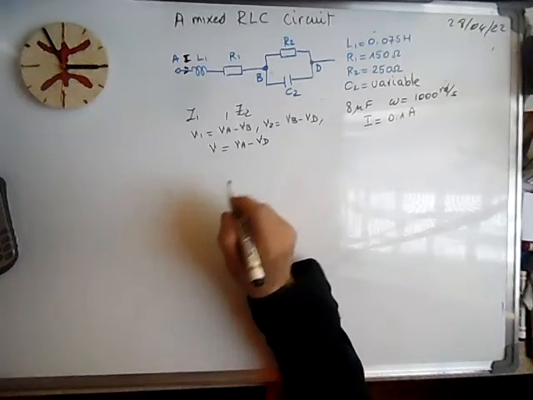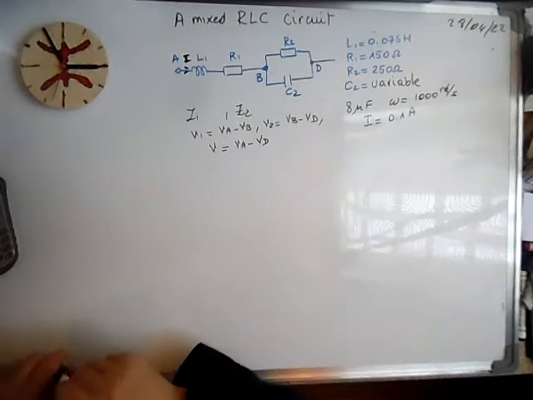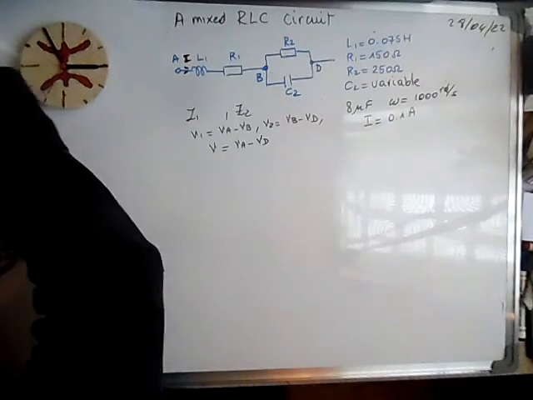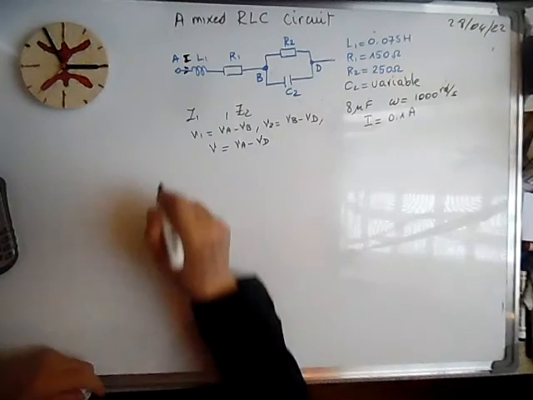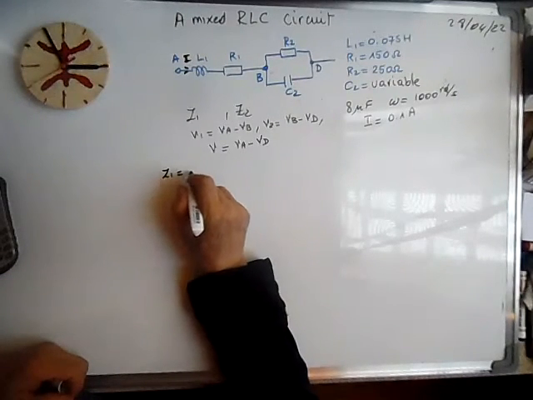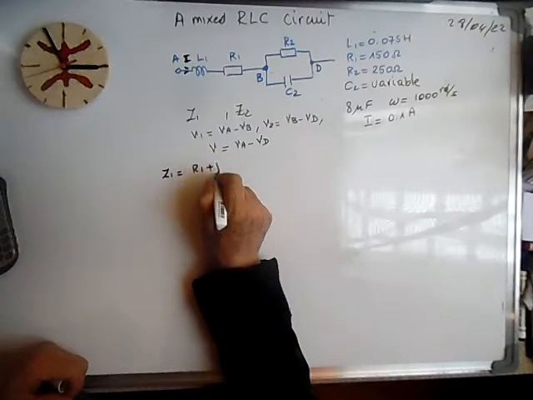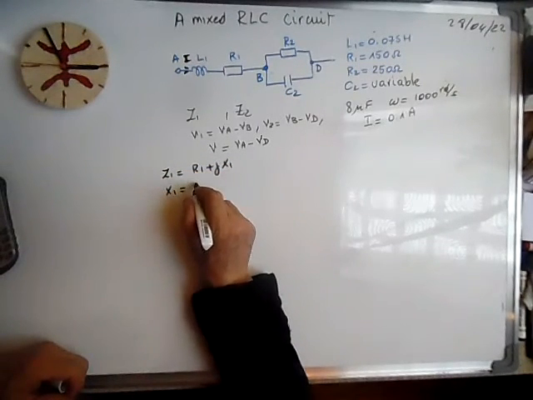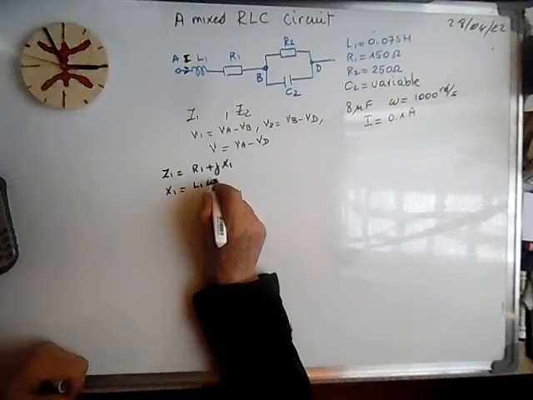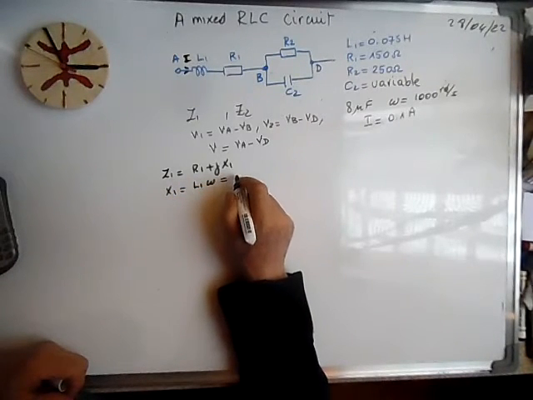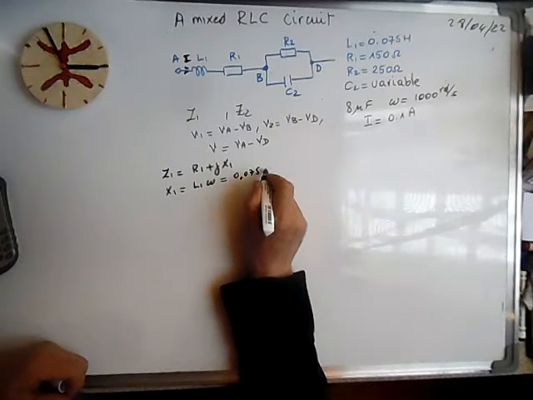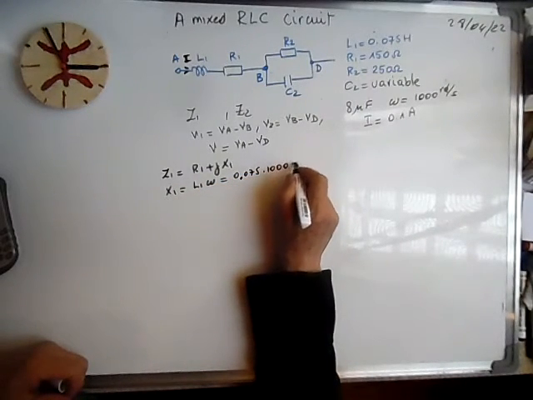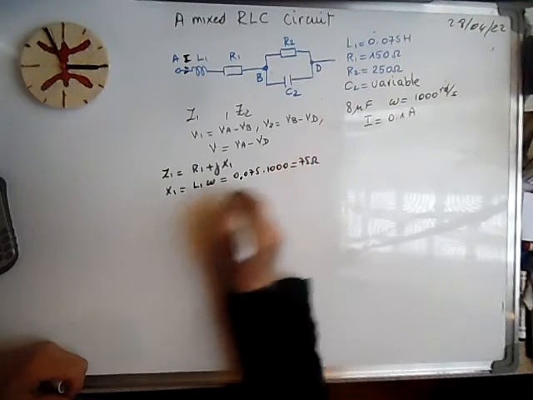Okay, let's start. First of all, we calculate the impedances of this circuit. Z1 is equal to R1 plus jX1. X1 is equal to L1 times omega, 0.075 times 1000, and it's 75 ohms.